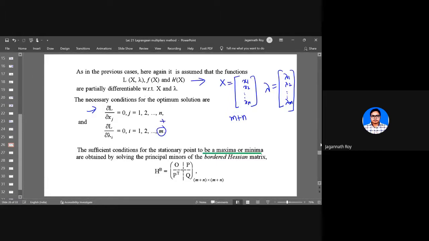Now if we try to obtain the sufficient conditions, it is actually given by the ordered Hessian matrix. So this was mentioned during the lecture when we have discussed quasi-convex functions.